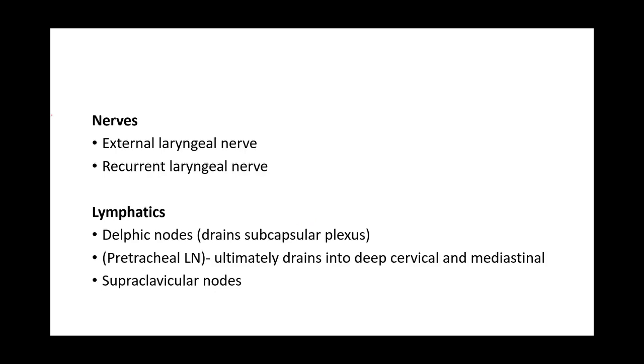It comes amidst the branches of the inferior thyroid artery and runs in the groove between the trachea and the esophagus, and it runs also in Simon's triangle. You go and check your anatomy of Simon's triangle.